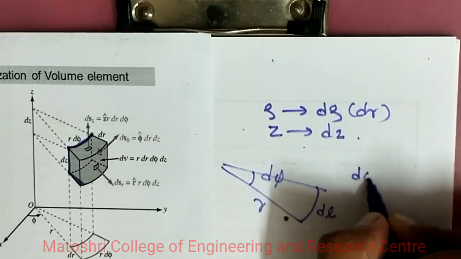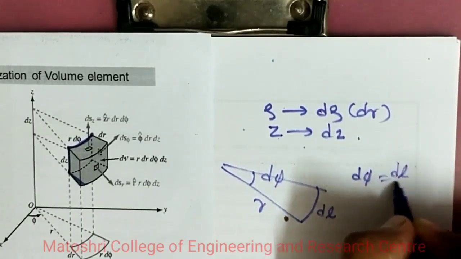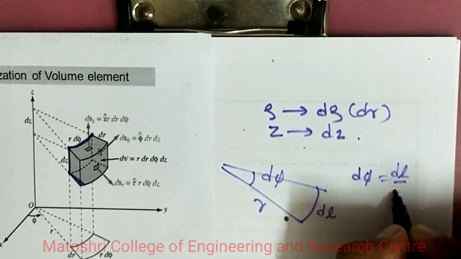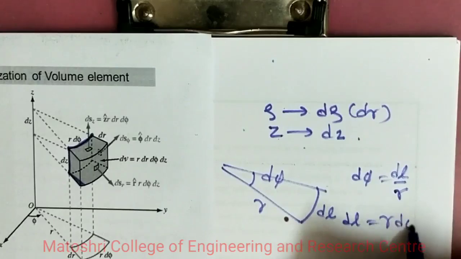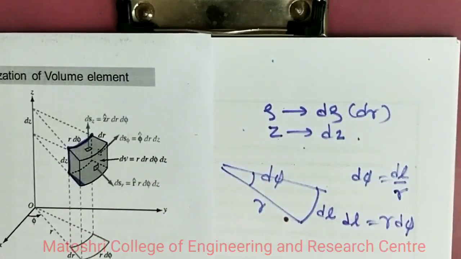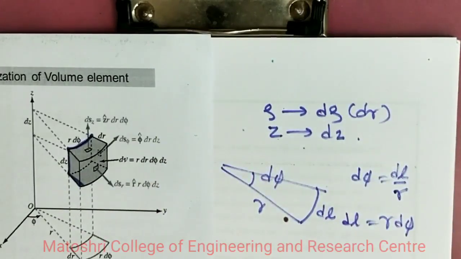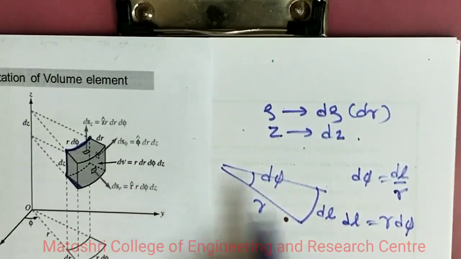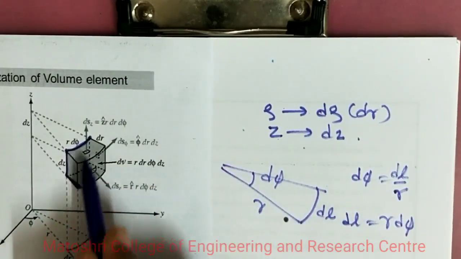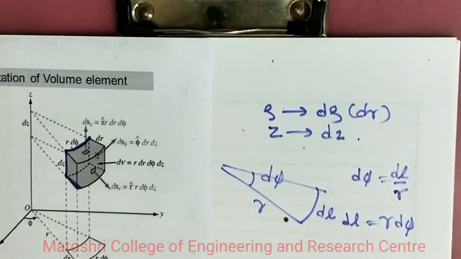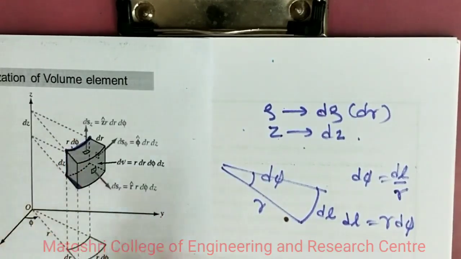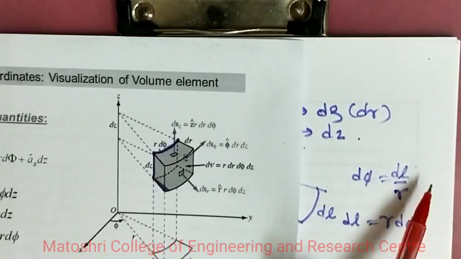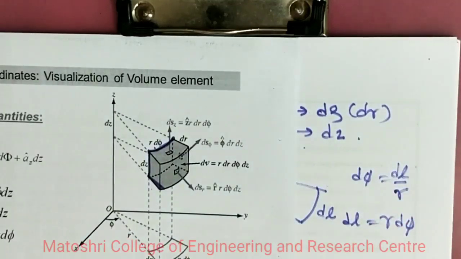As the angle phi is arc upon radius, by using the definition of angle in radians, this length is nothing but r d phi. So these are the three different lengths: r d phi, dz, and d rho or dr. These are the three different lengths associated with the differential volume.